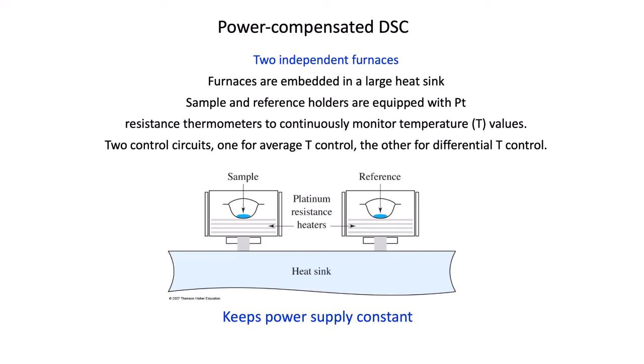So unlike the simple cooling curve analysis we previously showed, we not only can detect the temperatures of the phase changes, but we can also then measure the power required to achieve a constant temperature between the two furnaces and use that to determine the heat associated with the phase change. So we get quantitative information about the thermodynamic properties of the phase changes.